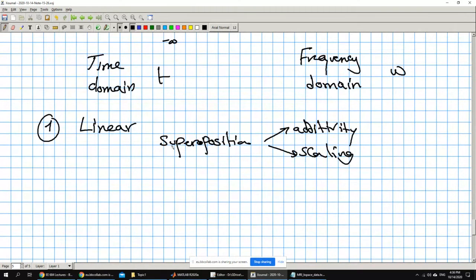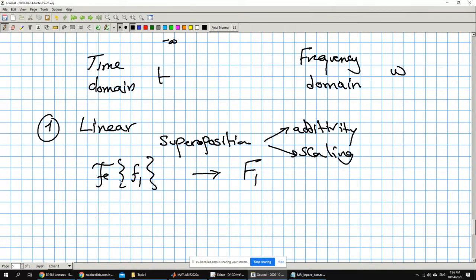If we designate the Fourier transformation operator as Fourier of whatever is in here, if I have a Fourier transformation of f1 and the output is capital F1, we usually use this particular notation where the capital letter designates the frequency domain function and the small letter designates the time domain function.